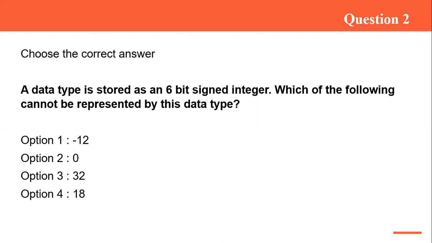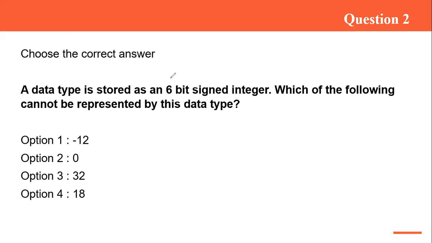What is the specialty of signed integer? We have to store the sign also. Both negative and positive. For storing sign, we need 1 bit. 1 bit will be gone for storing the sign.